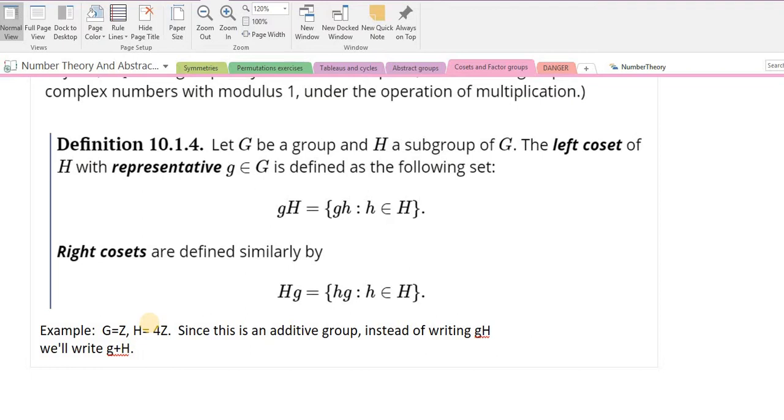All right. So we can look at little g as an element of big G, which in this case is the integers. And H you think of as the whole set 4Z. So we'll look at 0 plus 4Z.